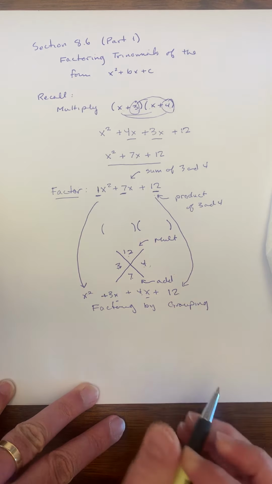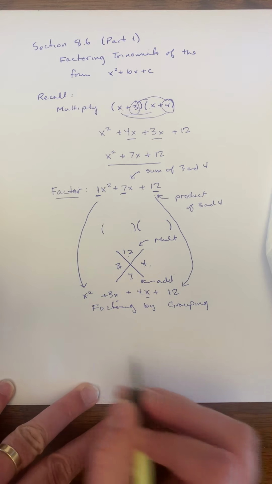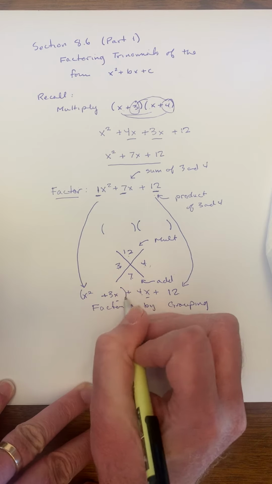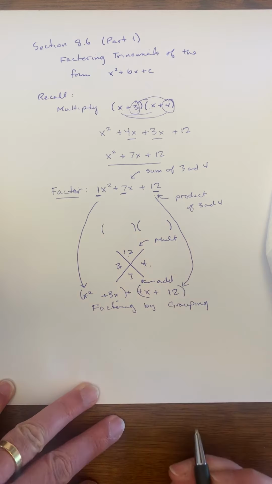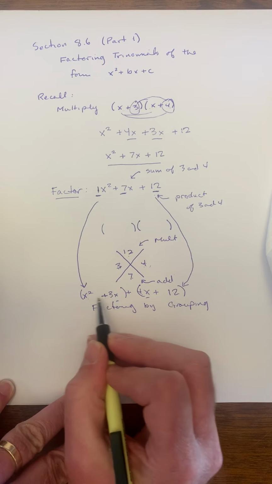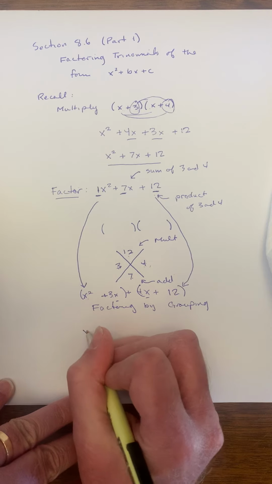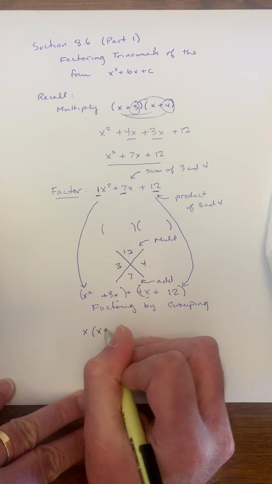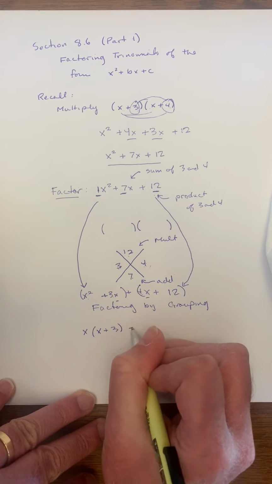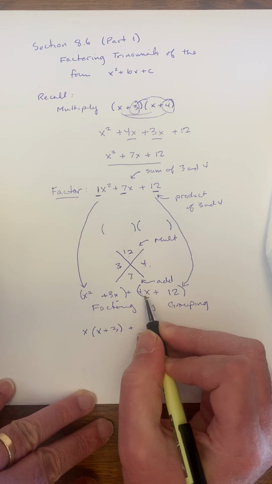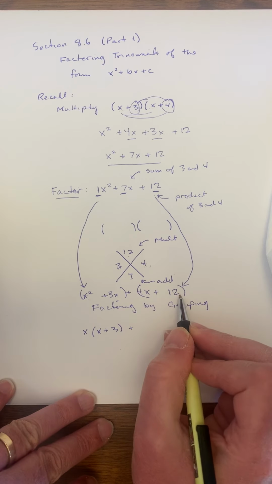Whoa, I just changed this into a problem that we already know how to do. I'm going to group that, and I'm going to group that. So what comes out of x squared and 3x? What common thing can we factor out there? We can factor out an x, and when we do, we have x plus 3 left. What can come out of both 4x and 12?